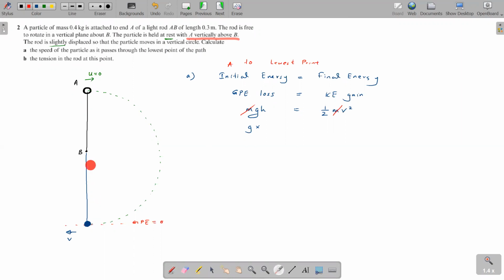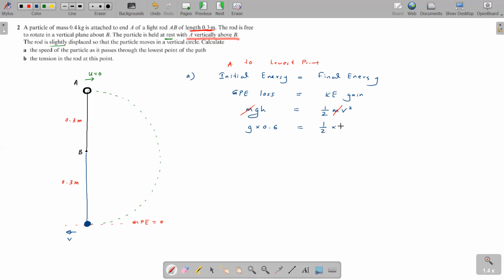So what's the vertical height here? We need the radius. They say the length is 0.3 meter radius, another 0.3 meter radius, so basically the full length is the diameter. So 0.6. As you can see, the vertical height is 0.6.